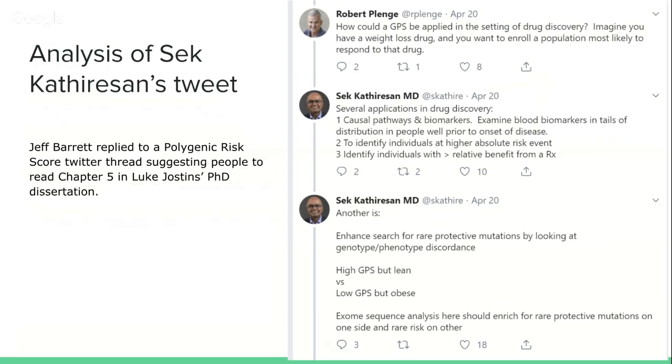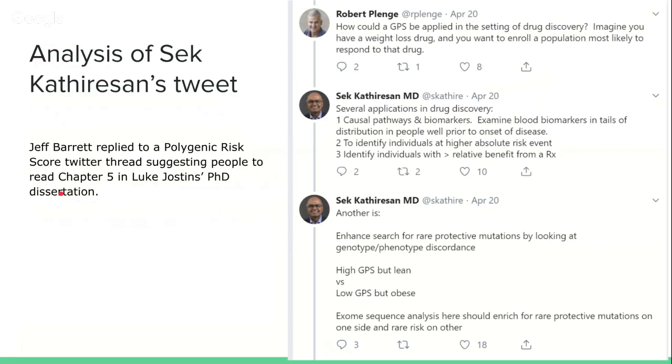Two is to identify individuals at higher risk of an event, and three, to identify individuals with larger relative benefit from a doctor giving them a prescription. This is the premise of precision medicine: if we can identify individuals that will benefit hugely from a medicine that's already available, then knowing that is important.